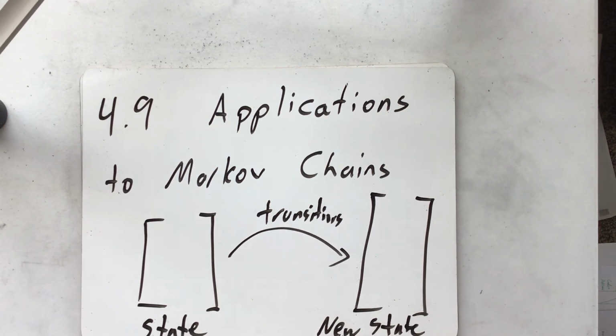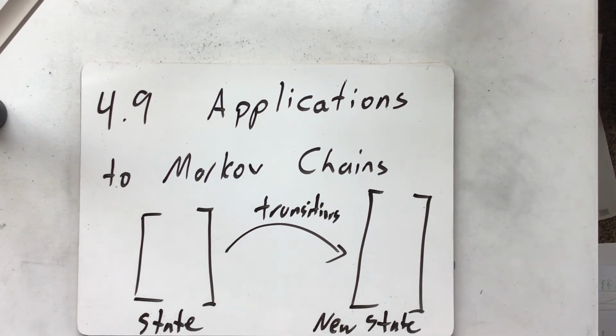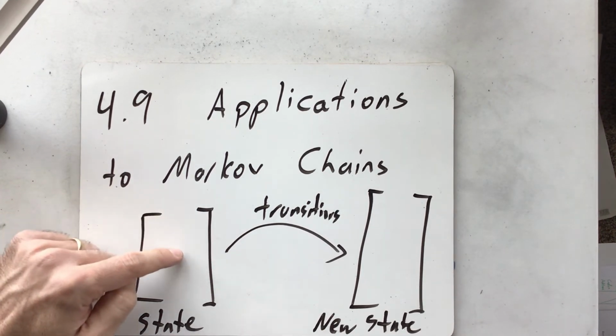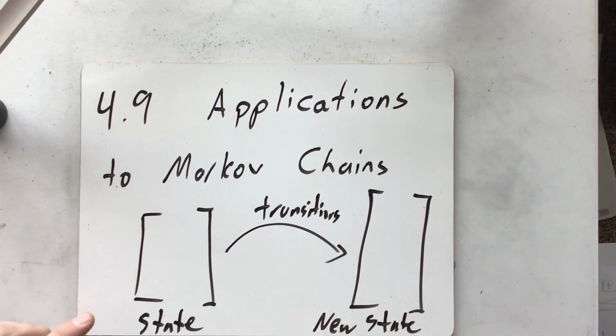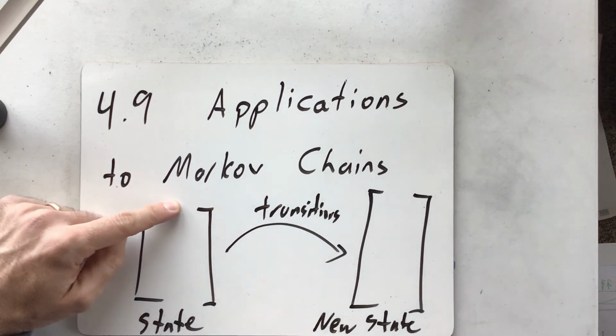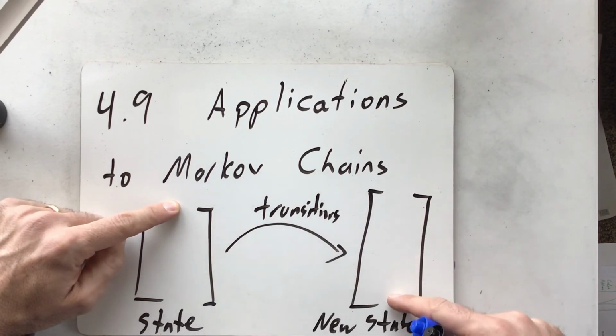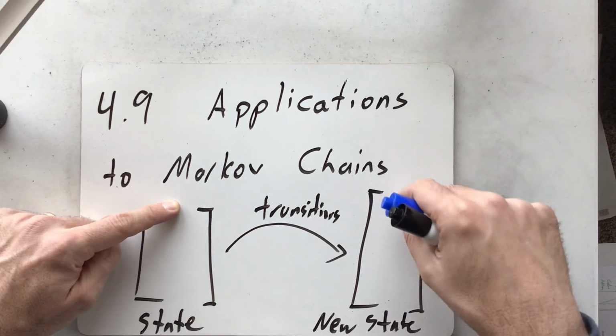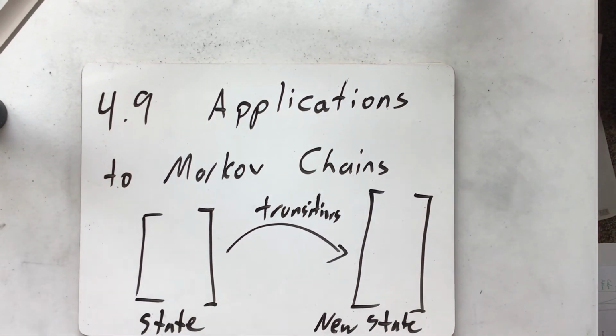Markov chains work really well for playing a board game. You have some state, and maybe you're definitely in state one, and then you roll your dice, and there are different probabilities for where you're going to be in the second state. So instead of your second state being defined, it's a bunch of places that have probabilities.